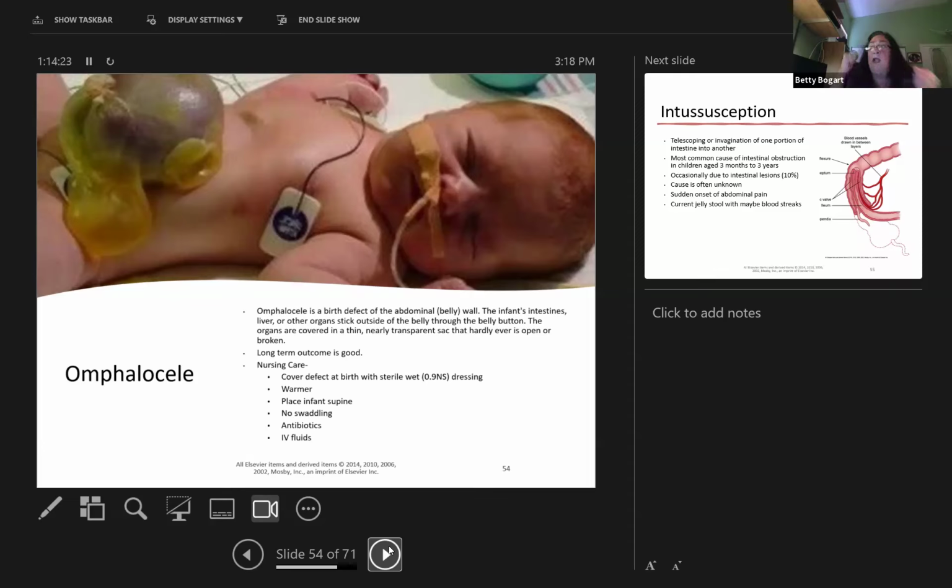They can't be swaddled. You have to monitor the abdominal part that's sticking out. So on a warmer so that they can get the proper heat. These kids actually do well. The surgeon comes in and stretches it and pushes it in a little bit day by day, and eventually they can close it up.